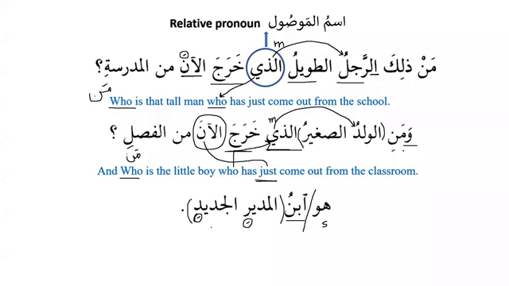So now we can see one of the reasons that a noun can be majroor: if it is used as sifa. If the noun is majroor, the sifa will also be majroor. So now we can see that this is the third reason why a noun can be majroor. We have learned two main reasons, and you remember them. Number one, when it comes after a preposition, and number two, when it is used as mudaf ilayh.